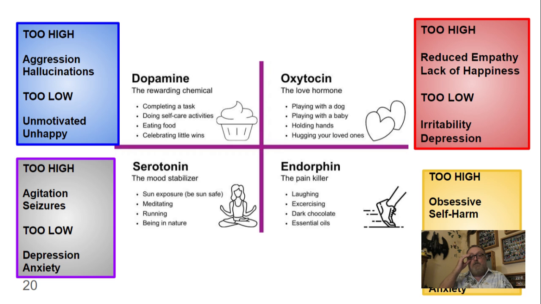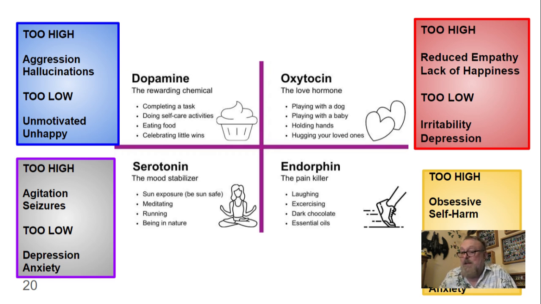Slide 20. Here is a list of neurotransmitters that are desired neurotransmitters. The normal levels of these neurotransmitters are great. Dopamine, also known as the rewarding chemical, is released as a reward when people have a pleasurable experience.